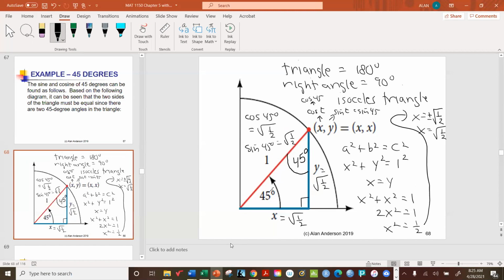And you can prove it by just applying the Pythagorean theorem again. Remember, a squared plus b squared equals 1. Is it true that radical 1/2 squared plus radical 1/2 squared equals 1 squared? Yes, because all you have here is 1/2 plus 1/2 equals 1, or that 1 equals 1.